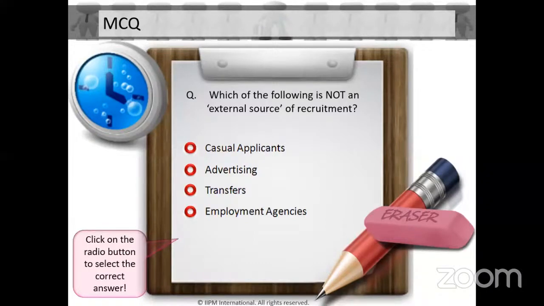It seems everybody's just saying the right thing. All of you are correct. So transfers is not an external source of recruitment. I was like, okay, let me just keep quiet, so that I will get one person that will give the wrong answer, and then voila, everybody got it right.